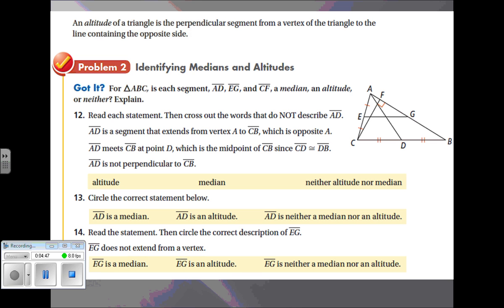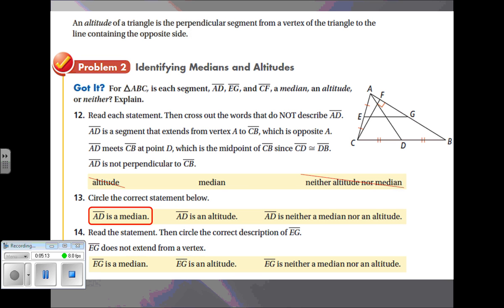CD is congruent to DB. So it looks like that's going to be a median. AD is not perpendicular to CB, so it's not an altitude. So it's a median. All right. It cuts CB in half, and it's coming out of vertex A. Circle the correct statement below. So AD is a median.